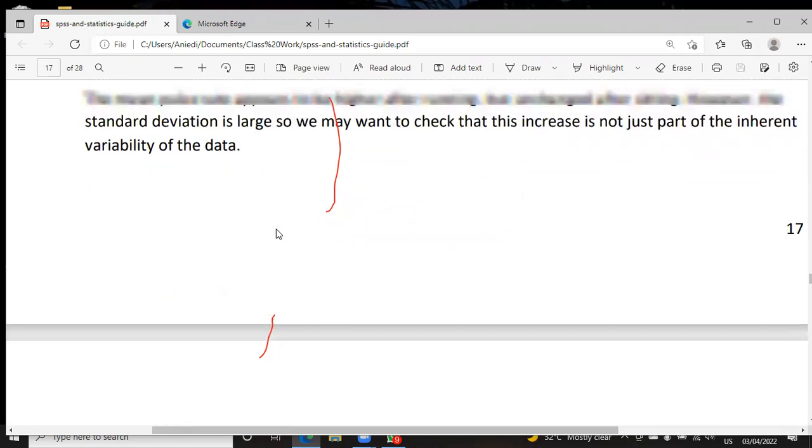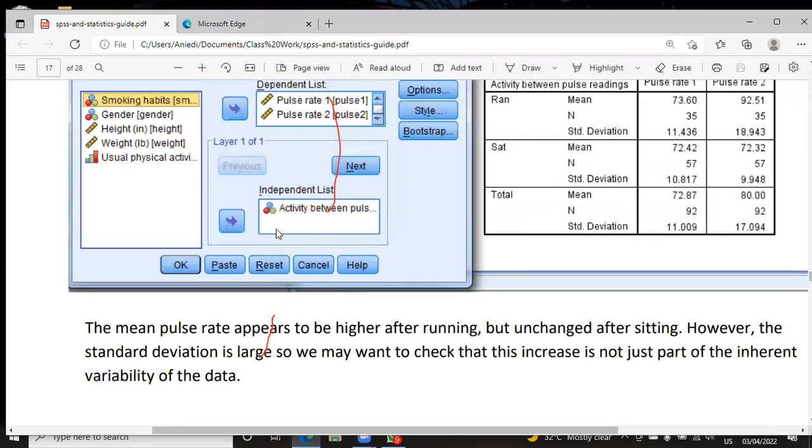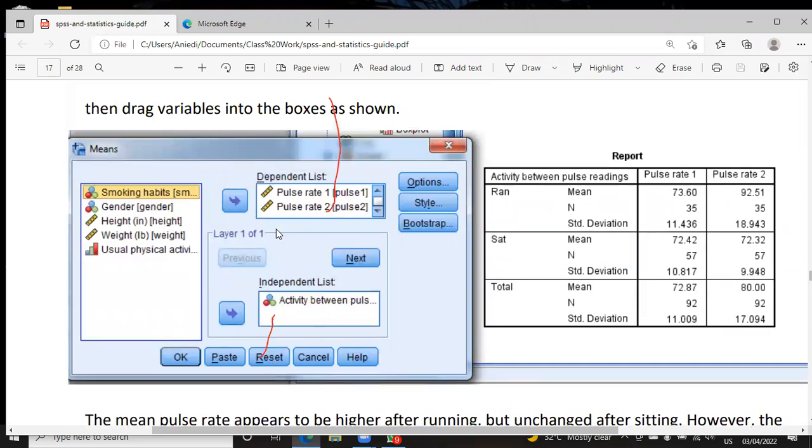I was talking about this data. I was saying that the independent variable used here was the activity between pulse.